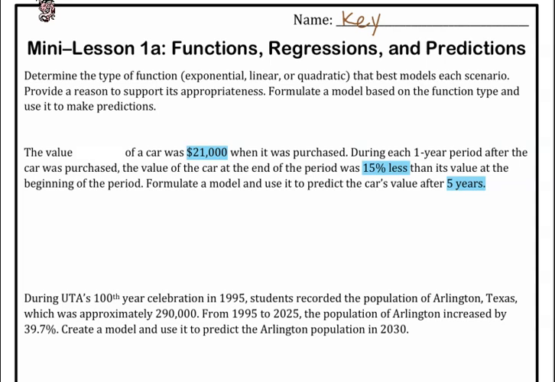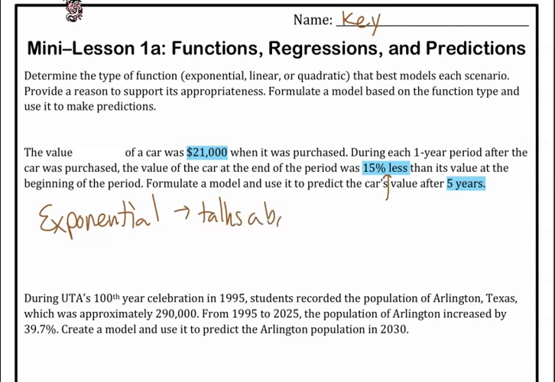The function type here is exponential. One way we could determine this is because it's talking about percentages less at the beginning of the period. So it talks about rate of decrease, and that's why we could say it's exponential.